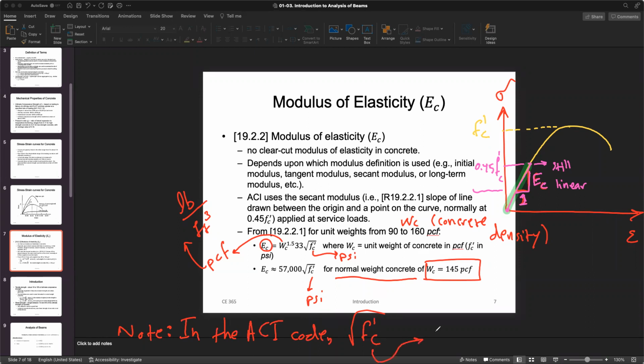Whenever you see this f'c, it needs to be entered as pounds per square inch, PSI. That is something you're going to see a lot, a square root of f'c. So whenever you see that, f'c needs to be plugged in terms of PSI.